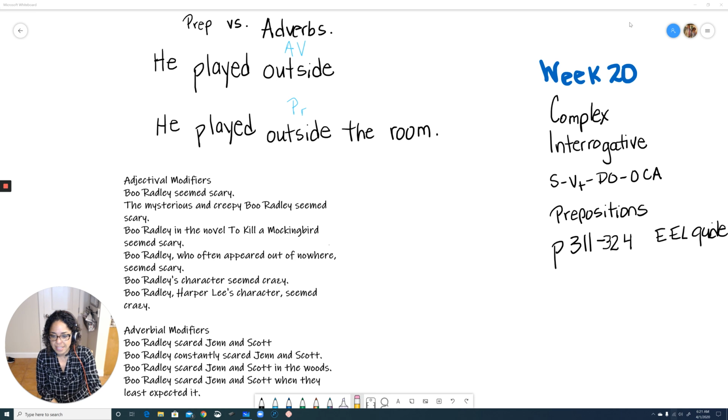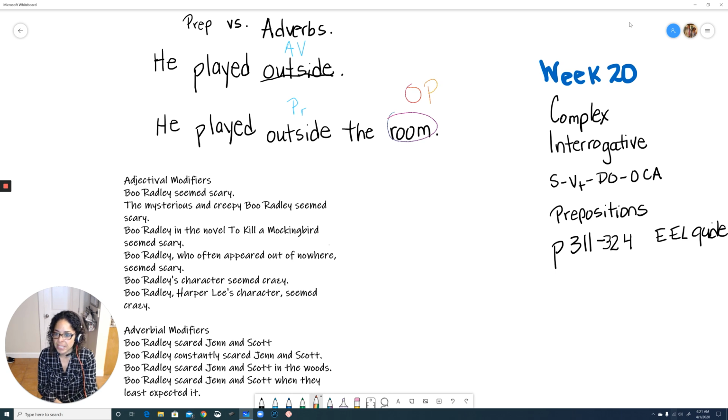But in this case, outside is actually being used as an adverb, okay? We're not using it as a preposition in this case. So be really careful. When we use a word that's on the preposition chart as a preposition in a sentence, always remember there will always be an object to the preposition, okay?